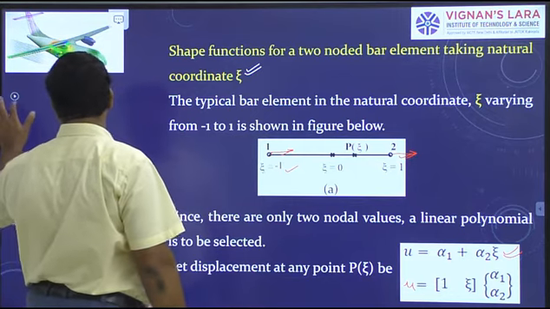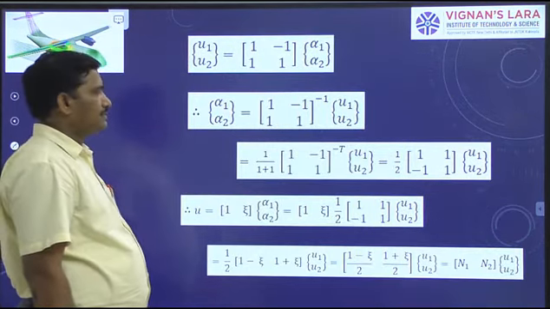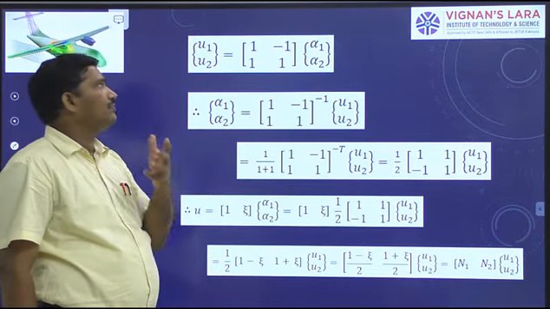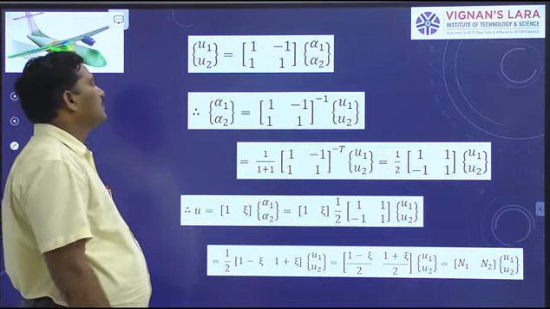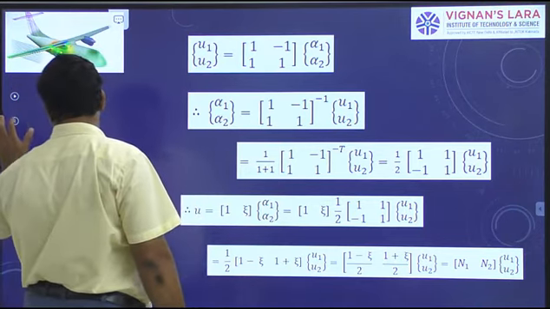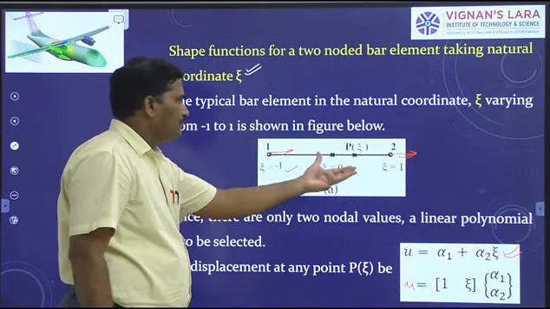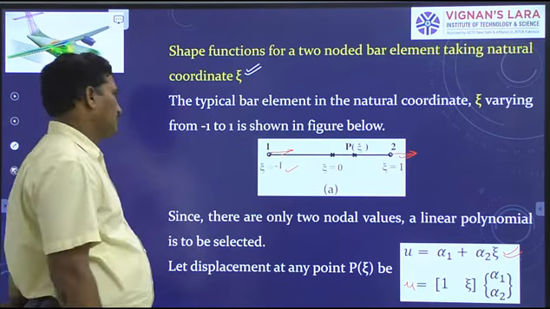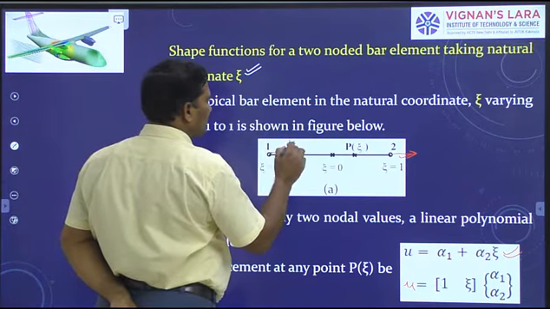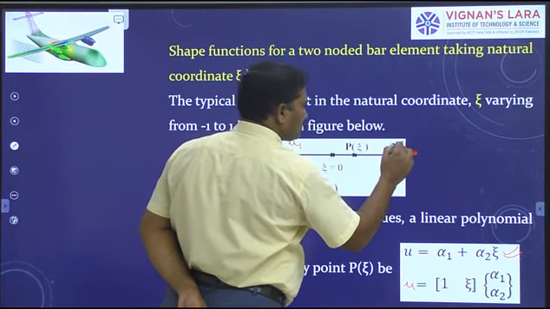So now, the column matrix having the elements alpha 1 and alpha 2 we have to determine. How do you determine, that is the question, right? This is the reason why, again, we visualize this diagram. At node 1, what is the displacement? u1. And at node 2, what is the displacement? u2.